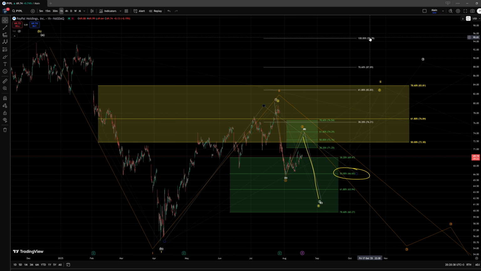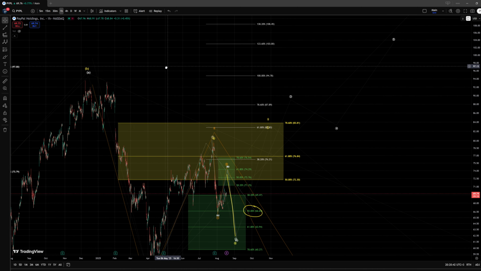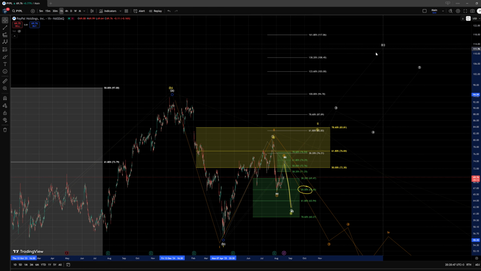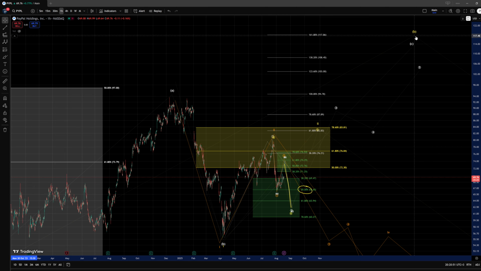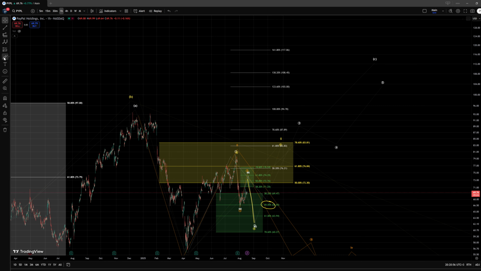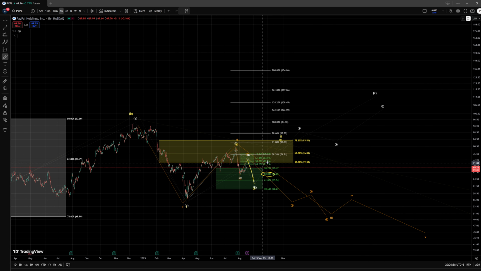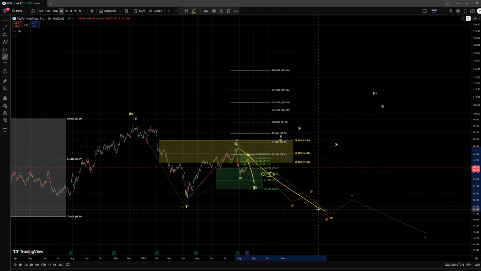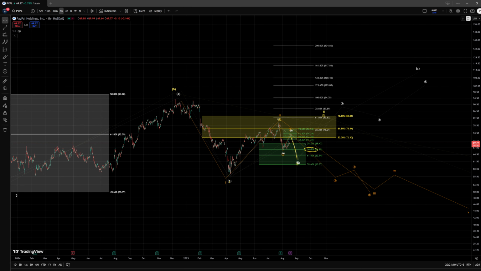A break to the 100% extension would actually invalidate the yellow scenario, and not necessarily completely, but I would then say that we are either following the white scenario in which we reset this wave B to the upside, or we could form something more bullish that could have overall long-term implications that are generally more bullish, and we could push directly higher without making any new lows in this area. But for now, these are the levels.